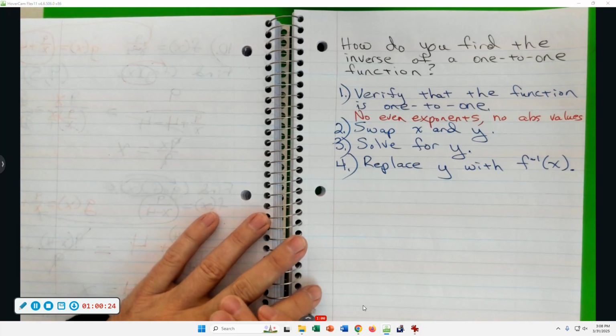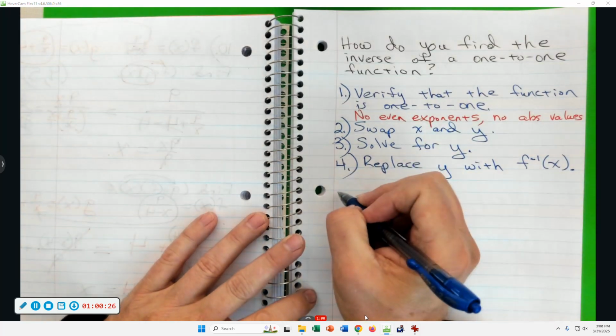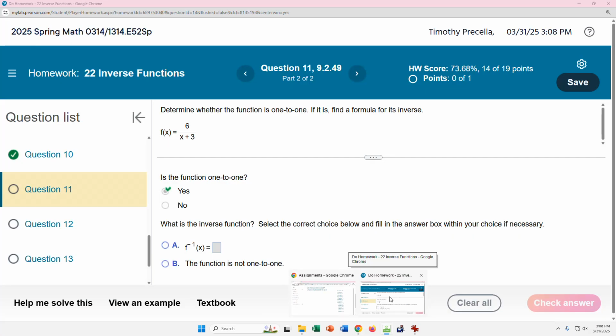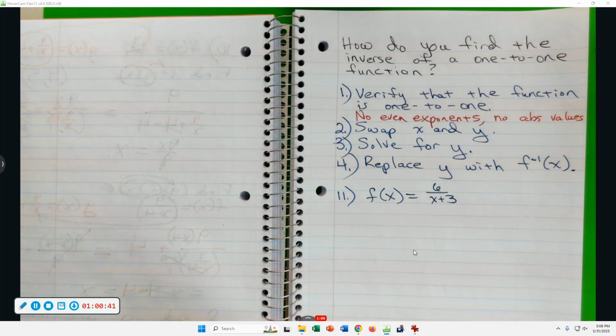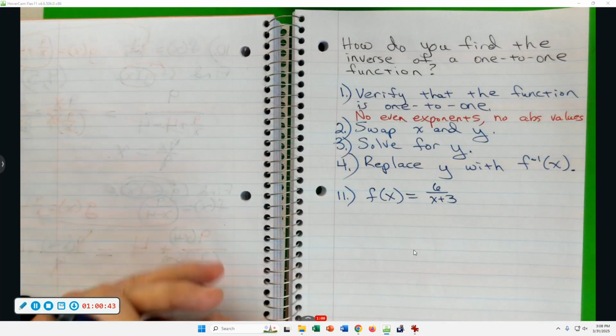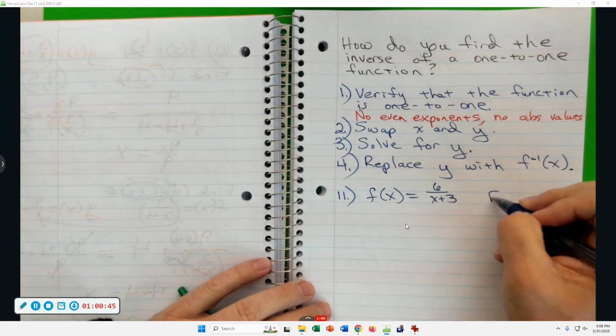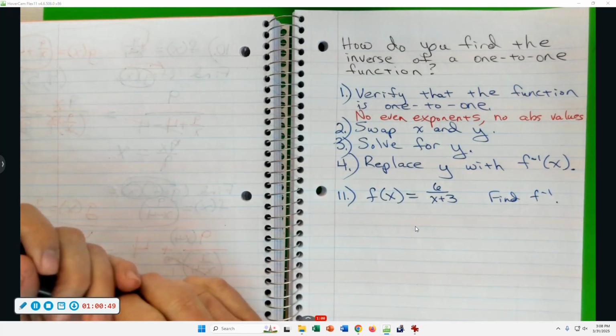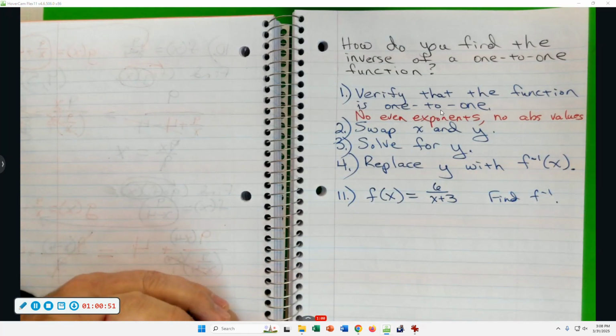You want to go ahead and write down the problem? Yeah, let's see, this is what number? 11? 11. So f of x, was it 6 over x plus 3? Well, they want us to find f inverse. I'll just make a note of what we're doing here.